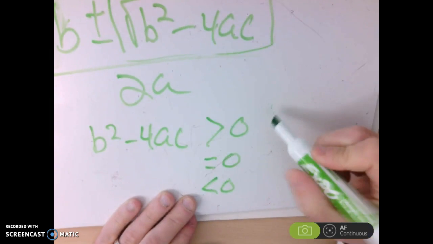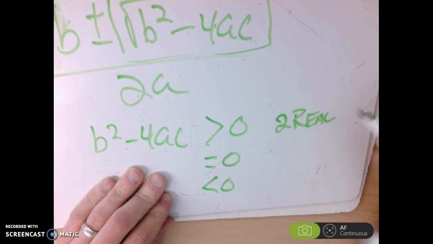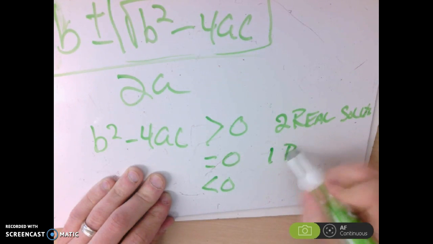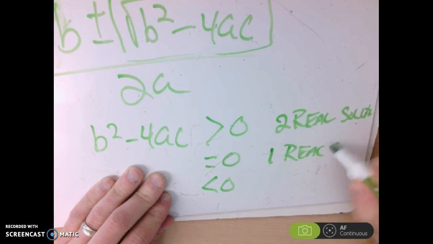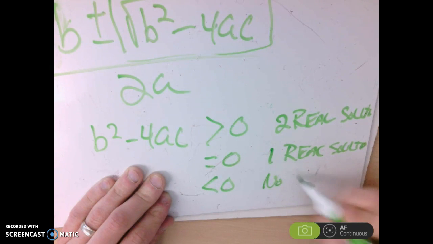If it's greater than 0, there are 2 real solutions. If it's equal to 0, there's 1 real solution. And if it's less than 0, there are no real solutions.